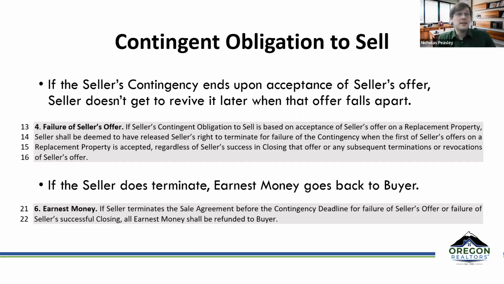If the seller is terminating because the buyer has done something egregious, but they're using this contingent obligation to sell as their reasoning for it, then we've got an argument. There's discussion that can be had about that. But generally speaking, if the seller's only reason for termination is that the contingent obligation timeframe has not ended, therefore seller wants to terminate, the buyer gets the money back, the earnest money back.